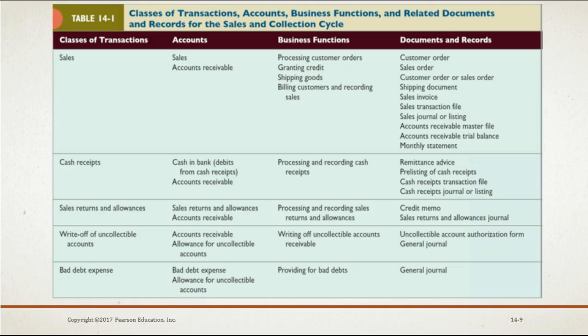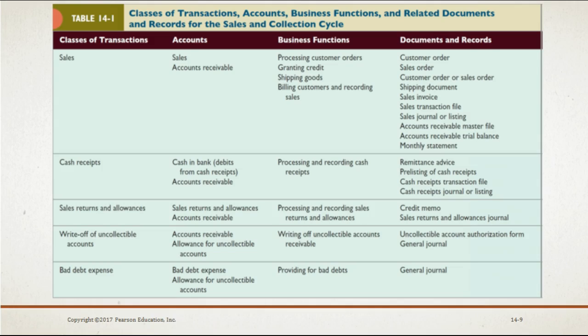Under business functions, observe that the first 4 processes are for recording sales, while every other class of transactions includes only one business function. In the 4th column of the table are the typical documents and records for each function.